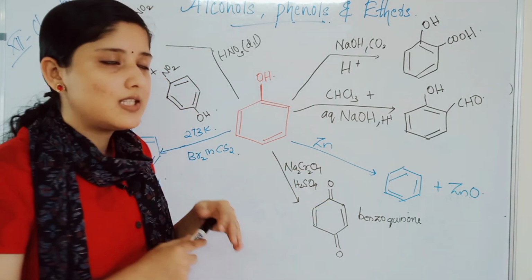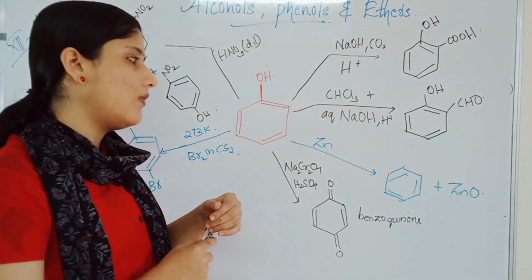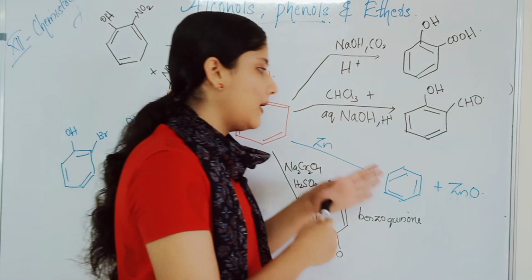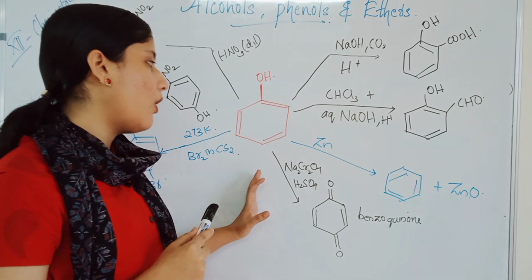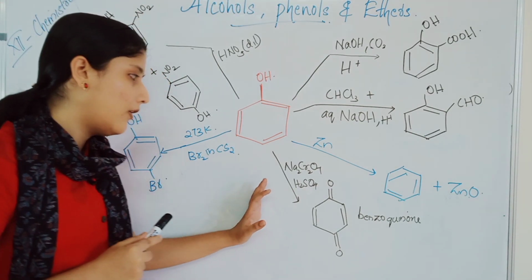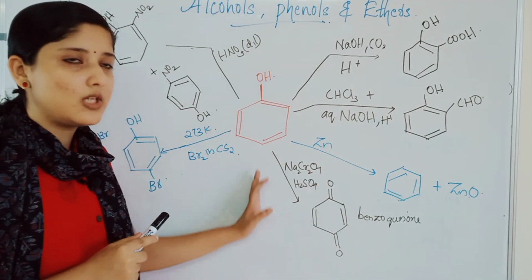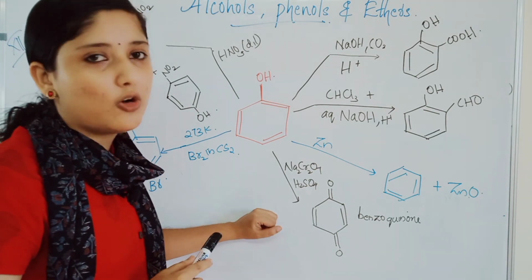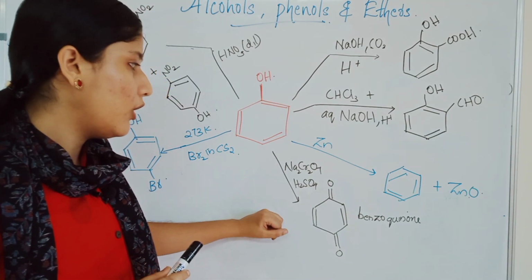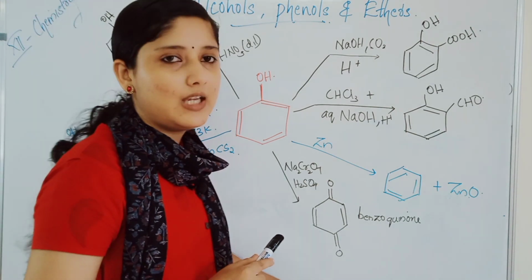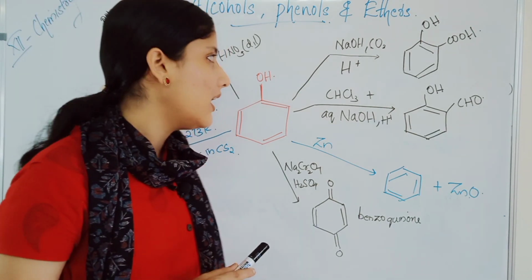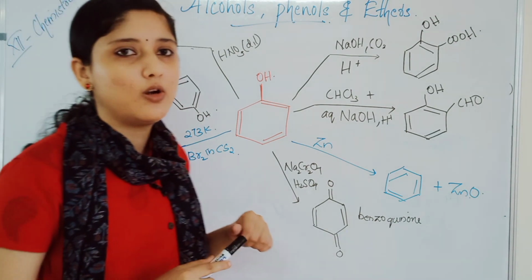Reaction with zinc dust: phenol reacts with zinc to give you benzene plus ZnO, zinc oxide. The last reaction is the oxidation of phenol. When phenol reacts with sodium dichromate and sulfuric acid, you will obtain benzoquinone, which is a conjugated diketone. These are the reactions of phenol.